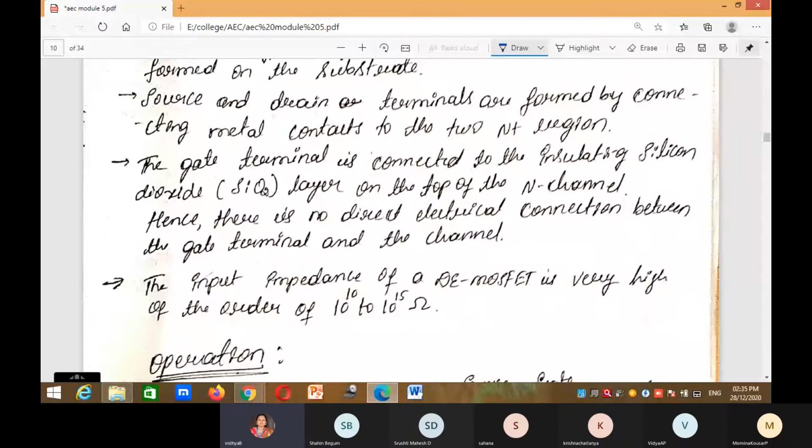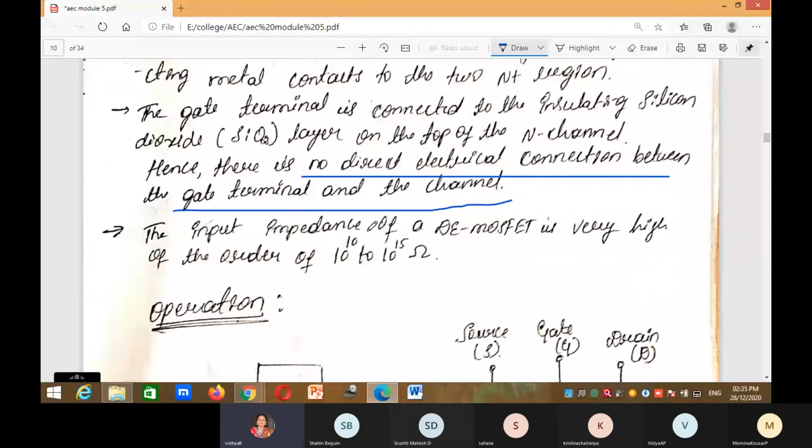The gate terminal is connected to the insulating silicon dioxide layer on top of the N-channel. Hence, there is no direct electrical connection between the gate terminal and the channel. The input impedance of a D MOSFET is very high, of the order of 10 to the power of 10 to 10 to the power of 15.